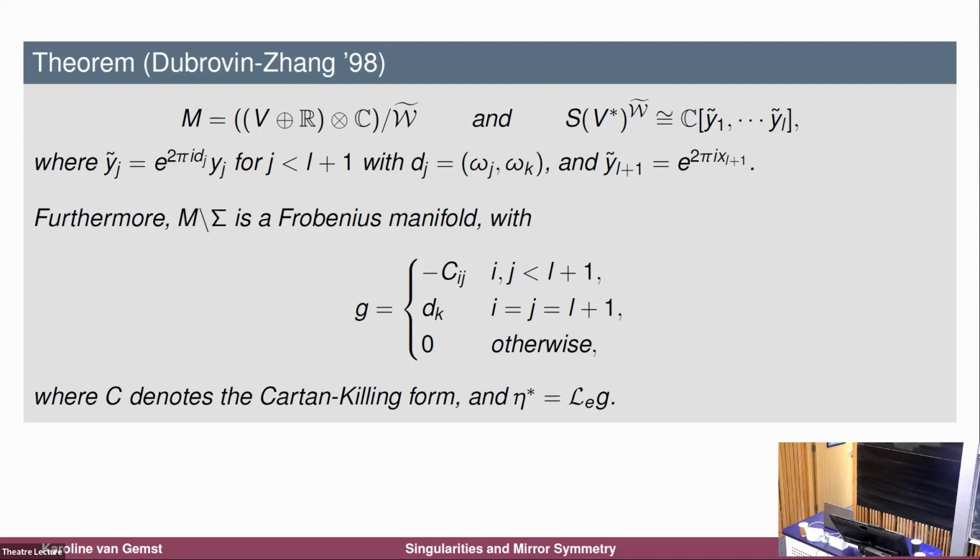And it is a Frobenius manifold, away again from the discriminant, and the intersection form is given by just an orthogonal extension of the Killing form. There should really be some kind of 4 pi there, but that's not important for now. And again, you obtain eta as the Lie derivative of this intersection form.